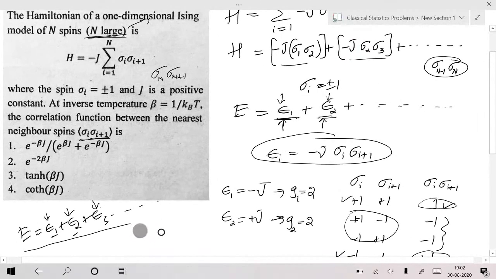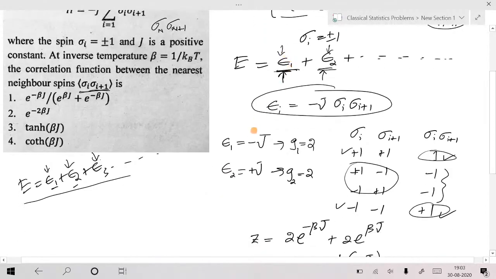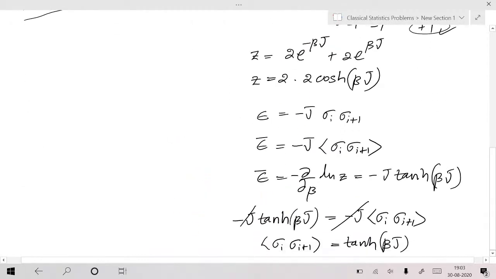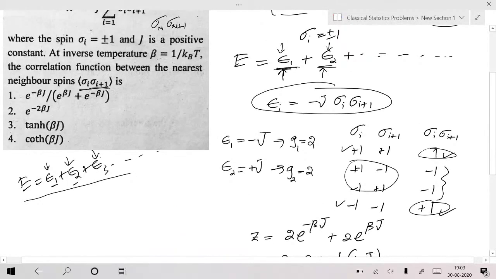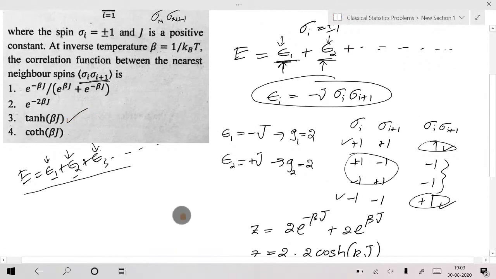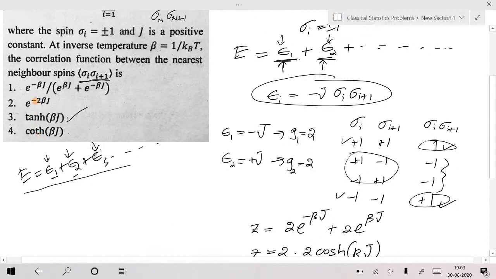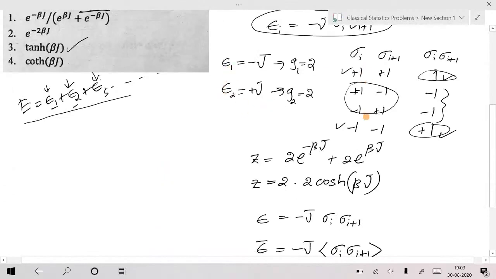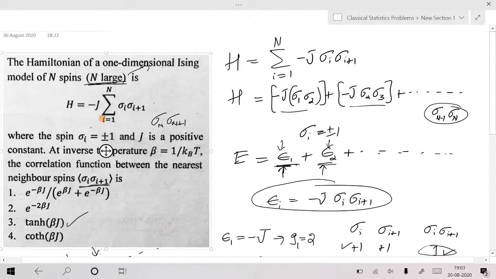The confidence here is that whenever the Hamiltonian is additive, I can just take the individual energy term. I can develop all of my calculation for the individual energy term, and I can get whatever quantity he is expecting. That's why I'm going to choose this one. Just by looking at this, you should be able to answer, because this term is the energy term with two possible energies, either positive or negative.